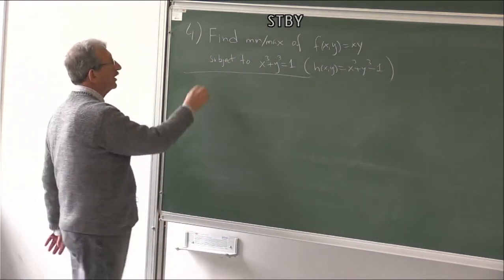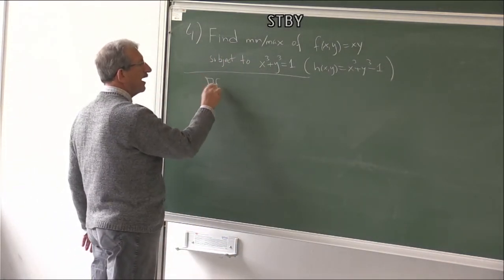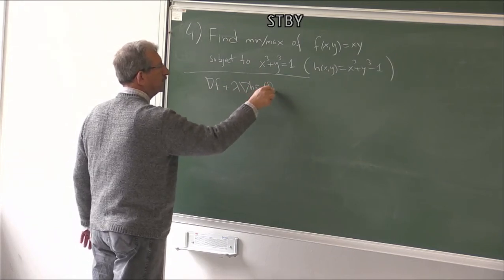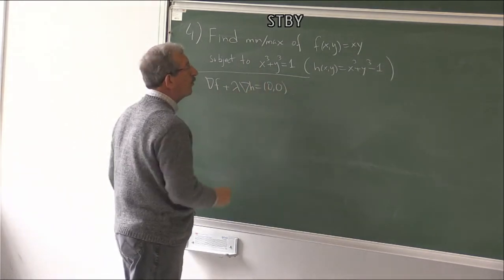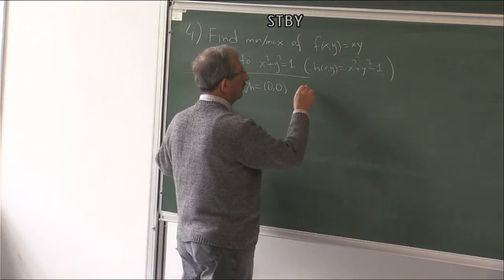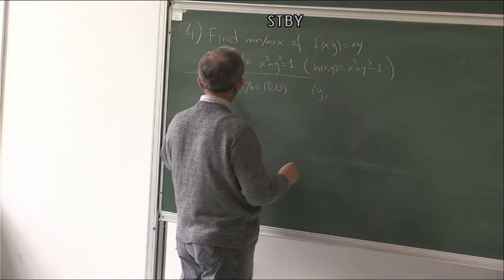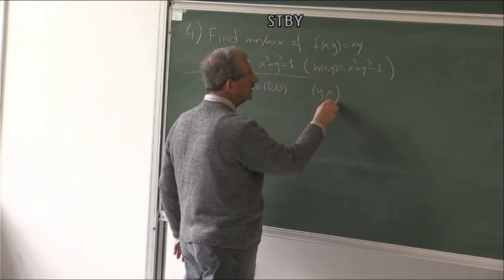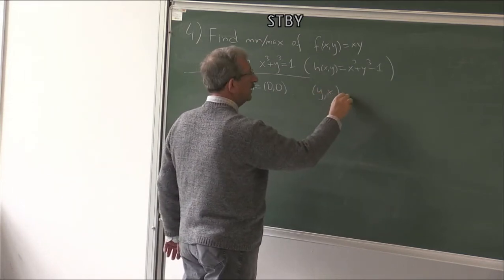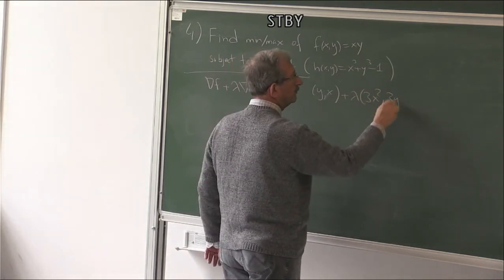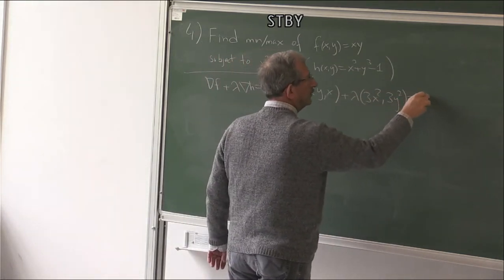And so we construct gradient f plus lambda gradient h is 0, 0. This means, of course, y, and the derivative with respect to y would be x, and plus lambda 3x squared and 3y squared. That should be 0, 0.